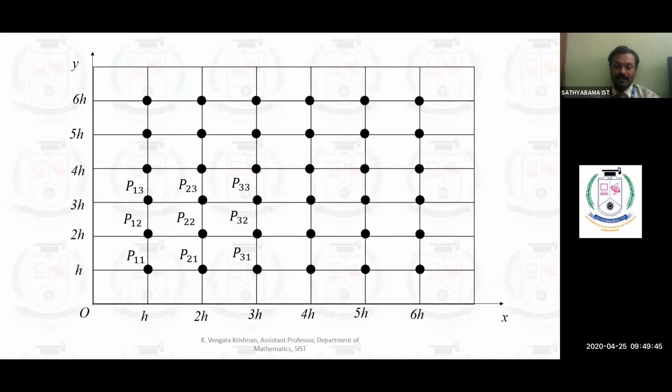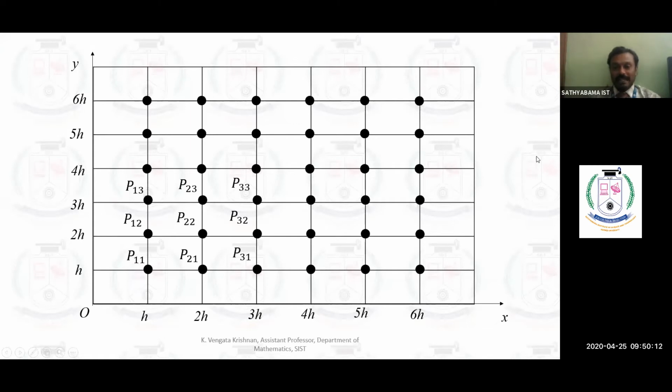They are equally spaced: 0, h, 2h, 3h, 4h. Similarly, along the y-axis also they are equally spaced: 0, h, 2h, 3h, 4h. And their intersecting points are the mesh points. P11, that is 1h, 1h. P21, that is along the x-axis 2h, along the y-axis it is h, so it is P21.